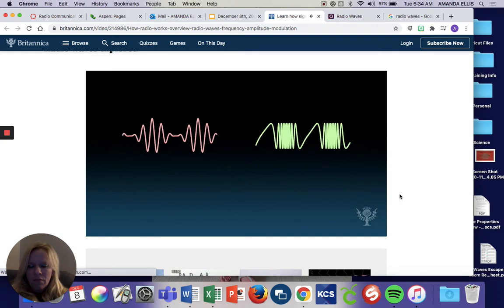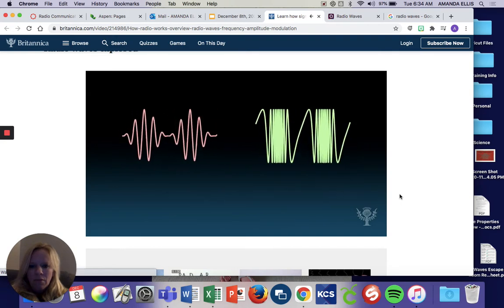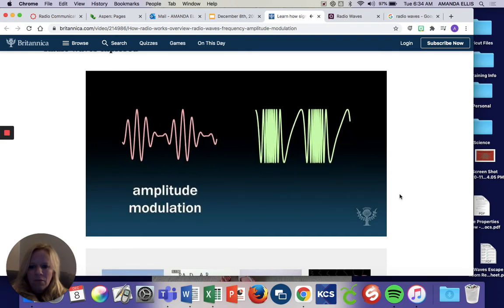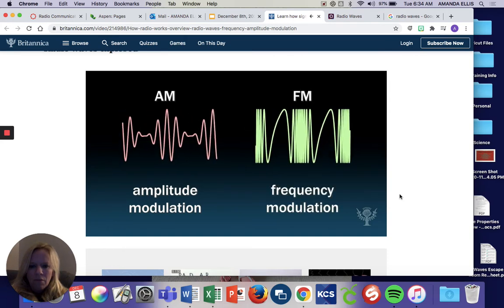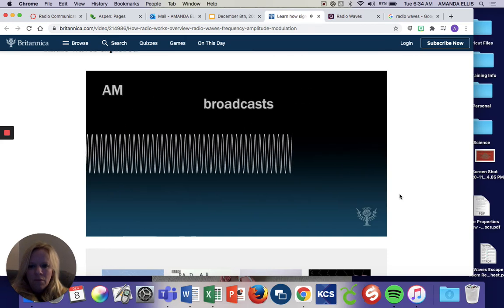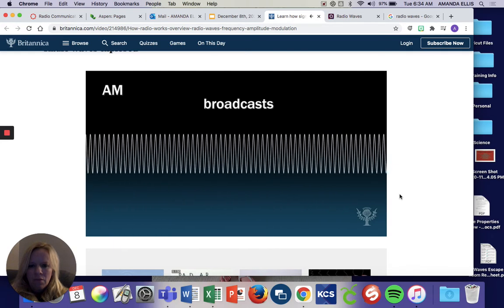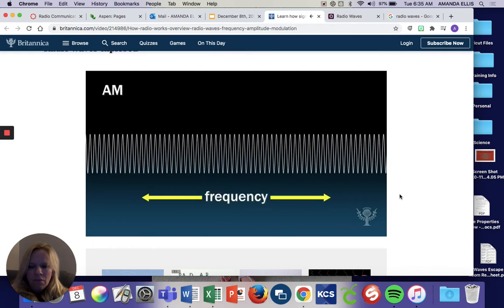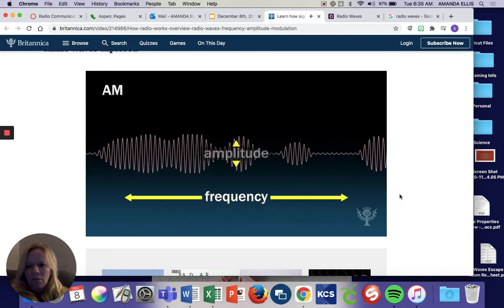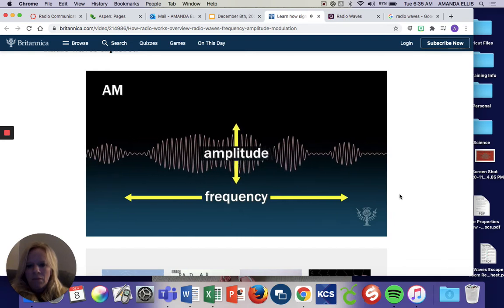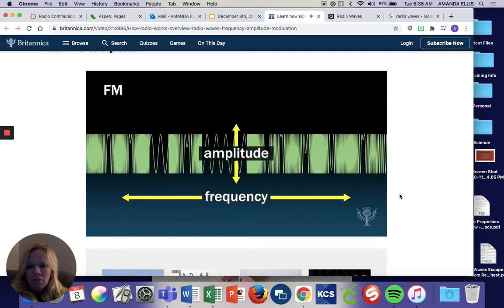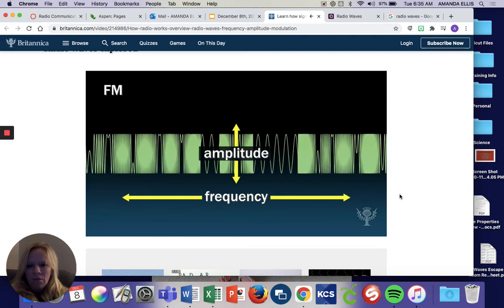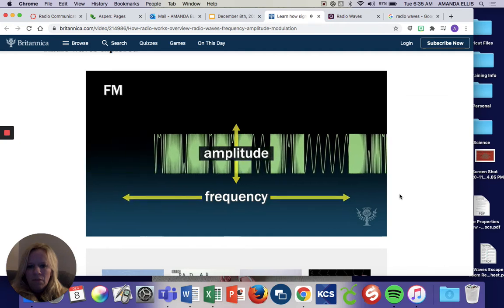There are 2 ways radio stations modulate their carrier waves: amplitude modulation, or AM, and frequency modulation, FM. AM radio broadcasts a carrier wave that maintains a constant frequency, while the overlaying sound wave modulates its amplitude. And FM radio maintains a constant amplitude, while the frequency varies based on the overlaid signal.